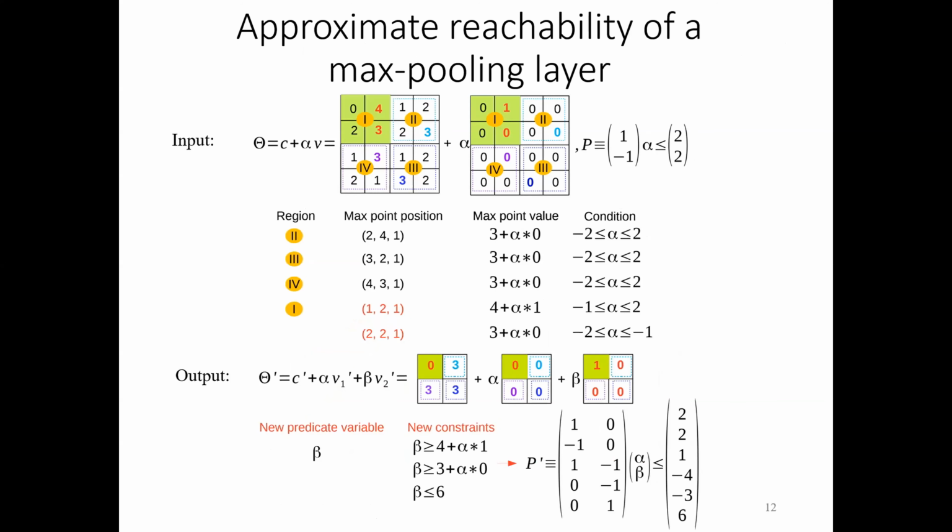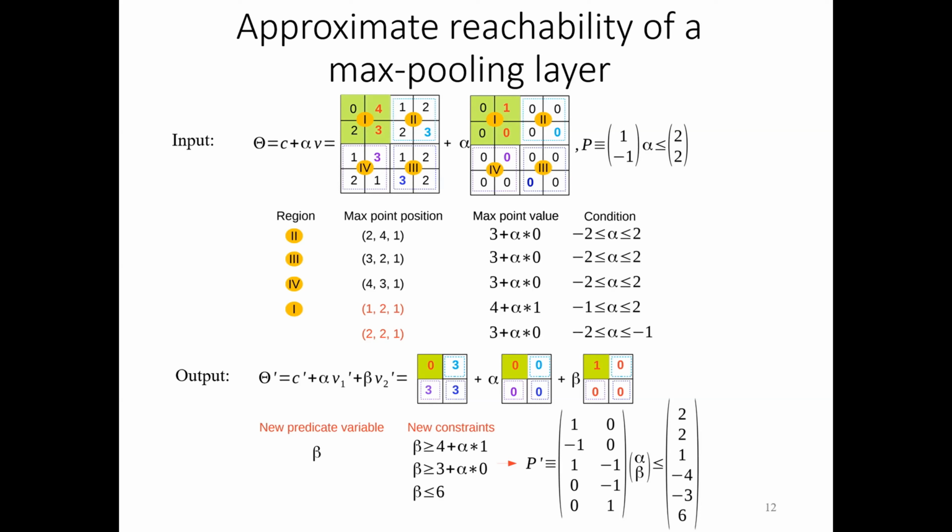To overcome the explosion in the number of image stars in the exact reachability, we propose an over-approximation method to over-approximate the exact reachable set of the layer. The idea is that if a local region has more than one max point candidate, we introduce a new predicate variable, here beta. This predicate variable represents the max point of the local region.